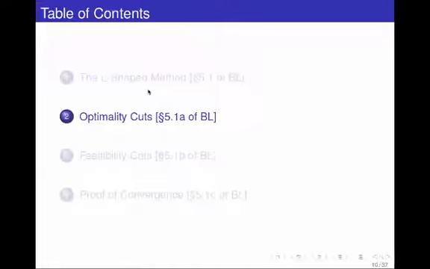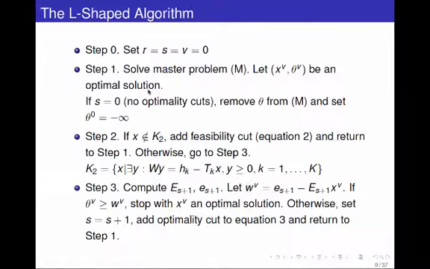Okay. Yes? Why is theta v always optimal? Yes, because we wonder if theta v is bigger than WV. Yes. So, and why is this a criterion? Why is this a stopping criterion?